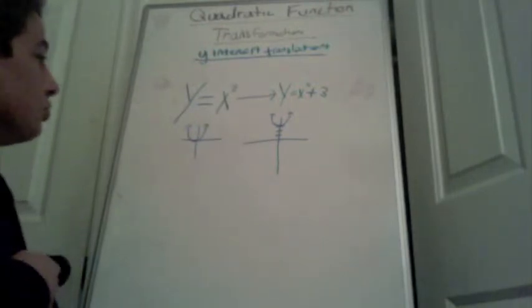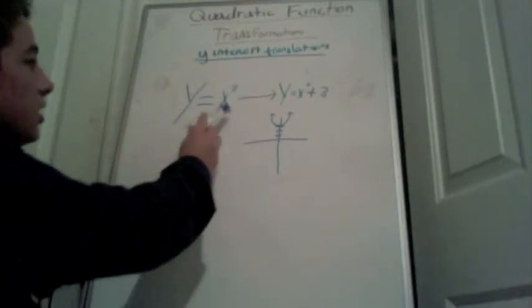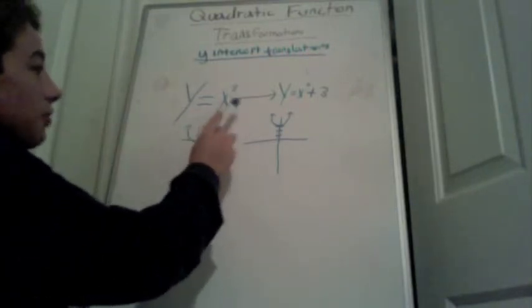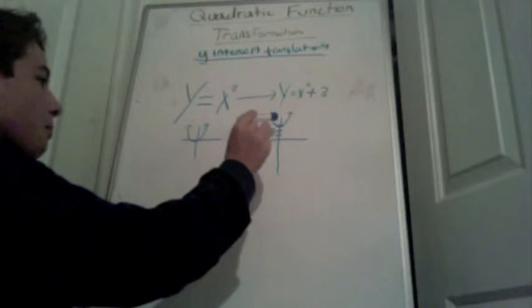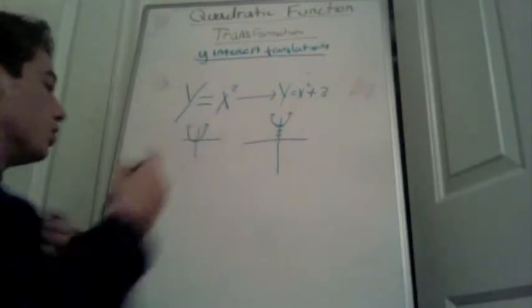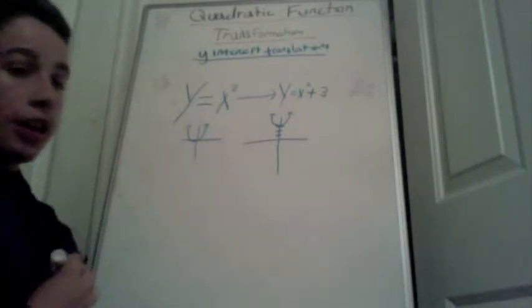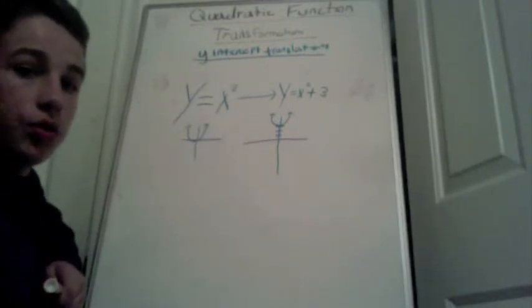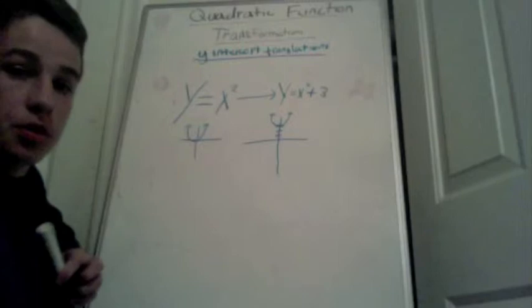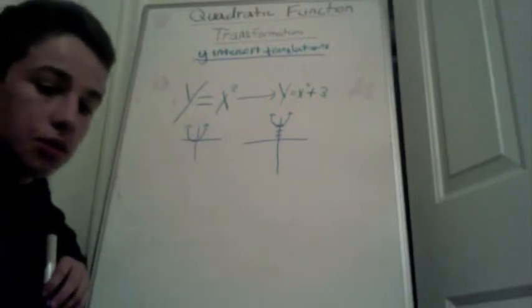One thing to mention is if the slope does not change at all in the equation, then both the x and y intercepts will change.